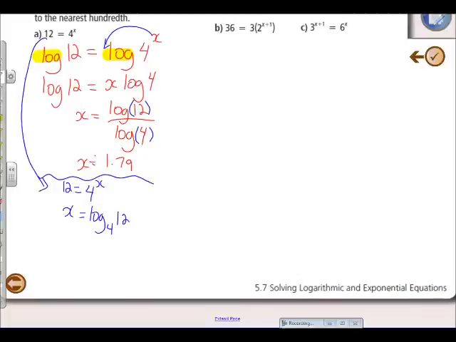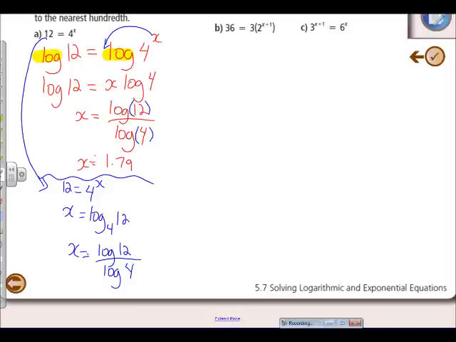And now we're going to use our change of base rule that you learned in 5.6. x equals the log of 12 over the log of 4. Punch that into your calculator. Oh, look at that. It's exactly the same as this one up here.